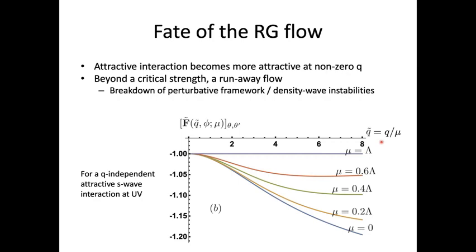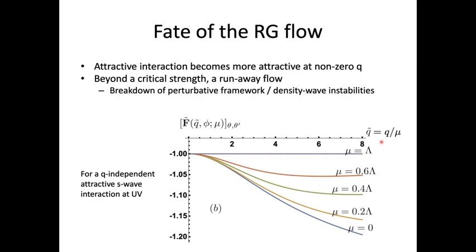Okay, so let me try to make it clear. Suppose I have some UV coupling function. It's a function of some momentum Q, right? And it's some smooth function. Now, under the RG flow, this coupling as a function of Q evolves.